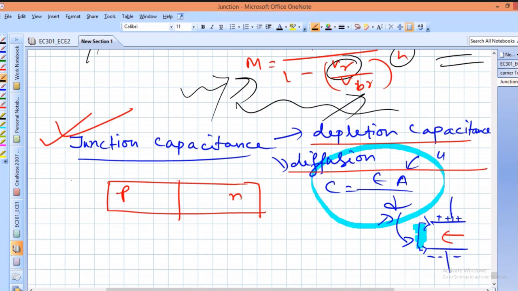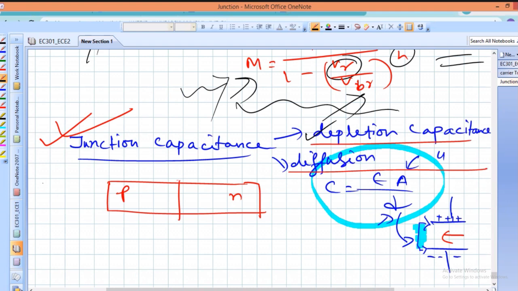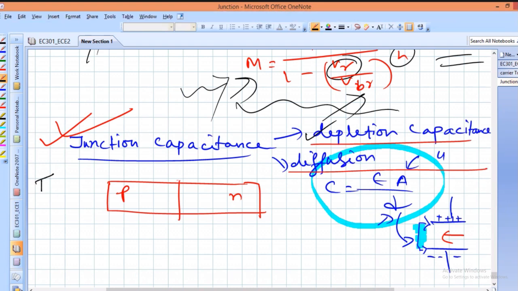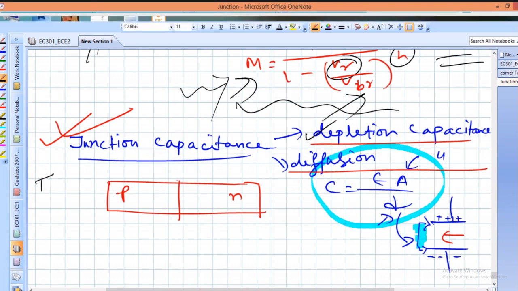Let's move on with the first one, which is depletion capacitance or transition capacitance.